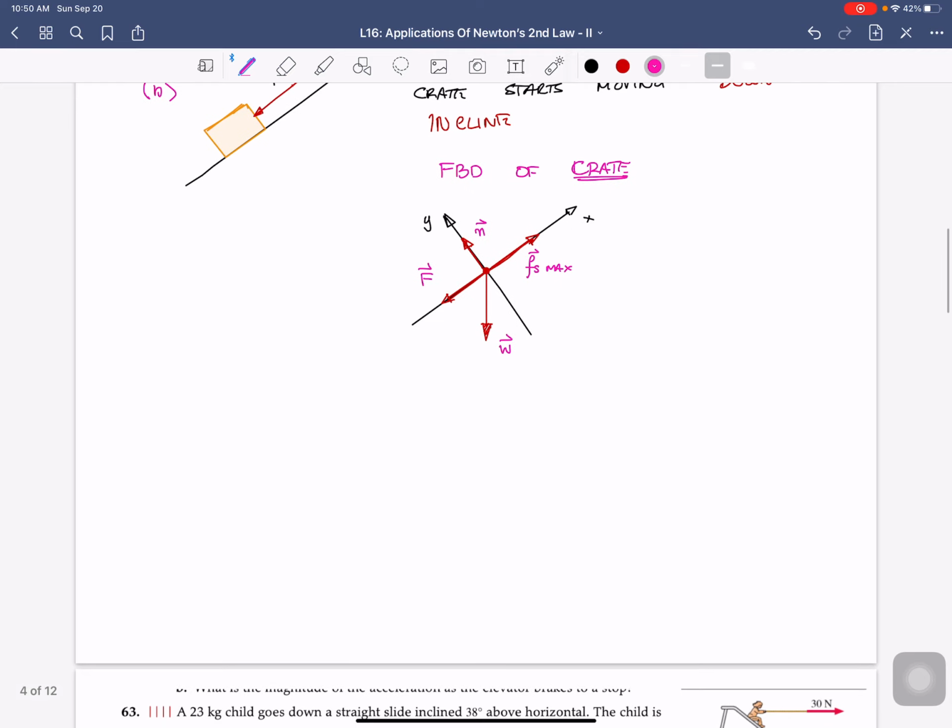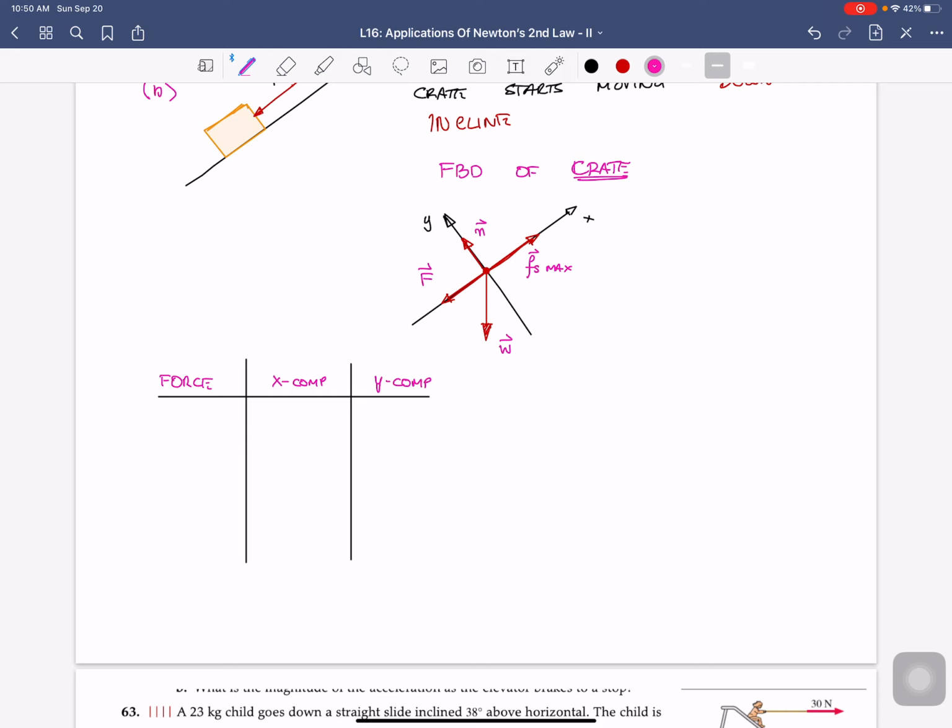So we're going to resolve the forces into components, the x component and the y component.